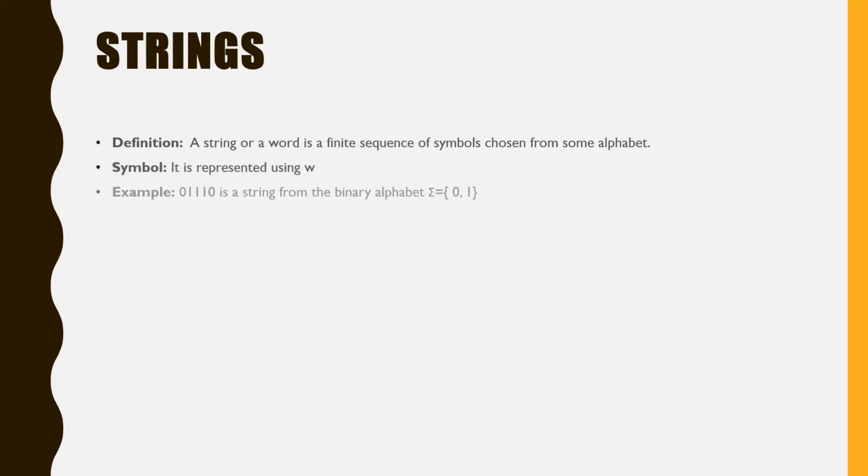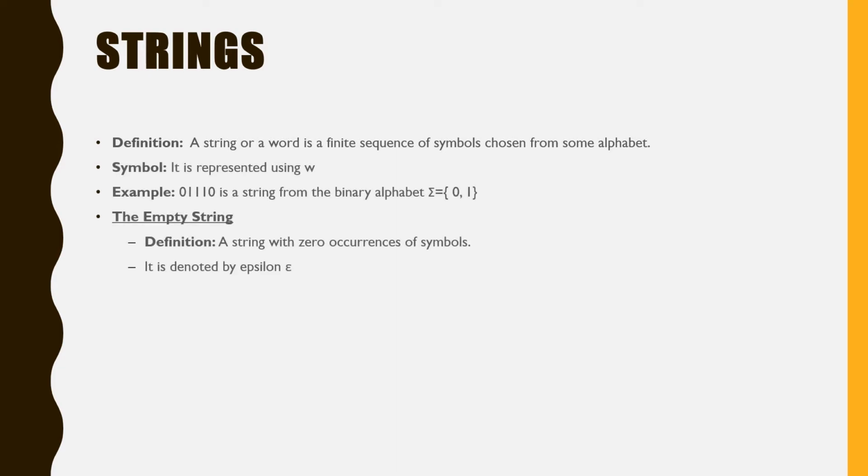Strings are the words formed by the collection of these alphabets. A string, also called a word, is a finite sequence of symbols chosen from some alphabet. In the English language, the letters A, P, P, L, E constitute apple, and we call it a word or a string.